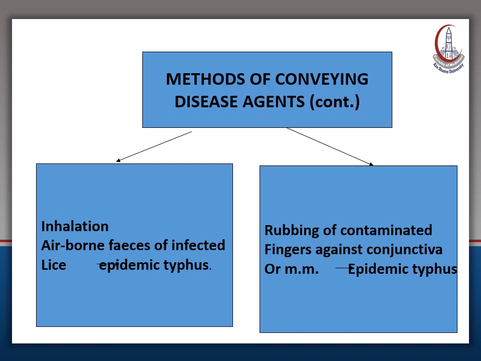Or we may crush the arthropods, contaminate our fingers with the disease agent present inside this arthropod, and then without washing our hands we may rub our eyes, for example, or our nose, and so the disease agent is transmitted from our contaminated fingers into the conjunctiva of our eyes or the mucous membrane, for example, of the nose or of the mouth, and again we are infected.